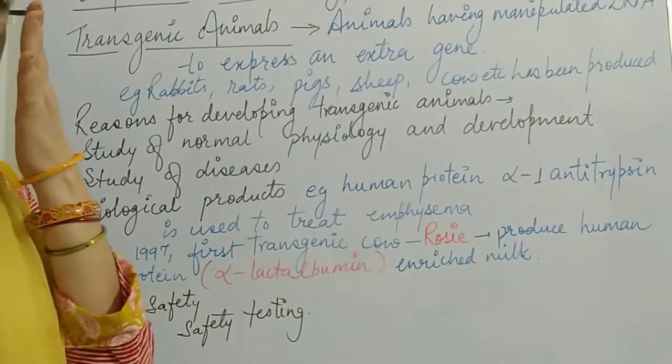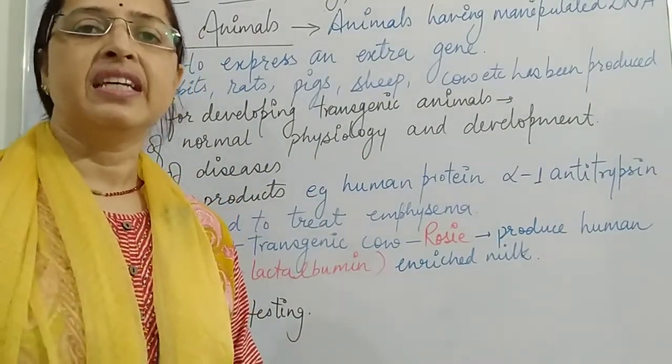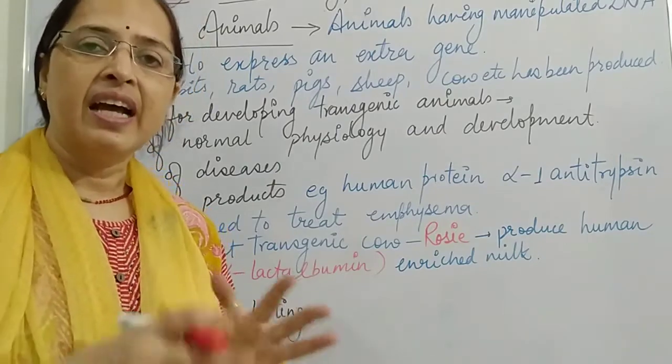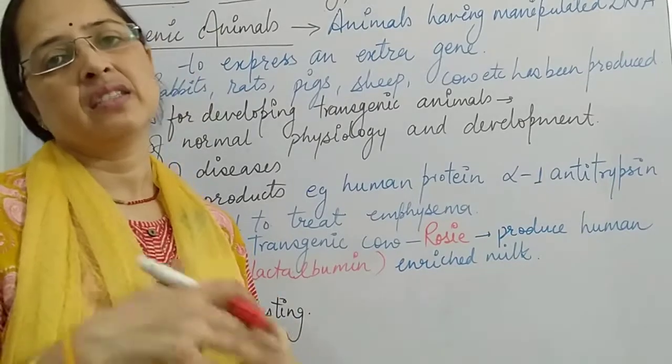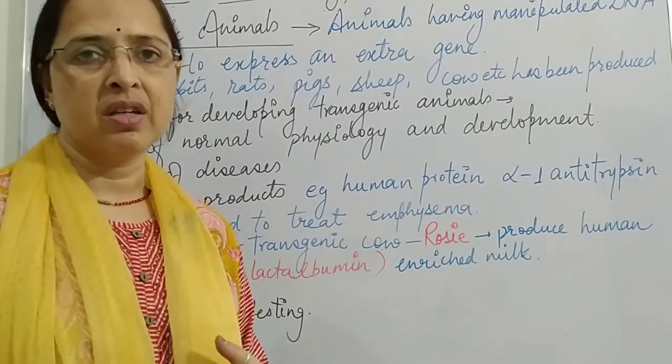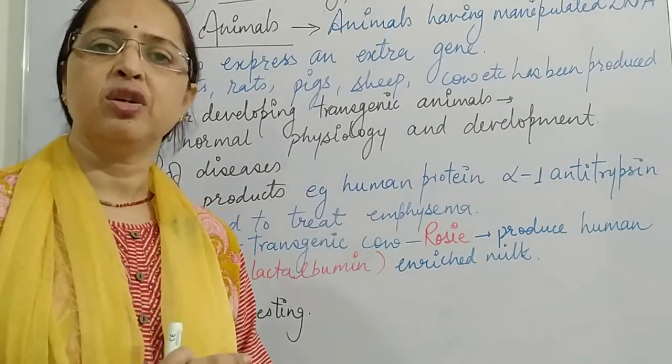Whatever vaccine is developed is first tested on animals, and if it shows a positive effect, then it is applied on human beings. Earlier, the polio vaccine was tested on mice.